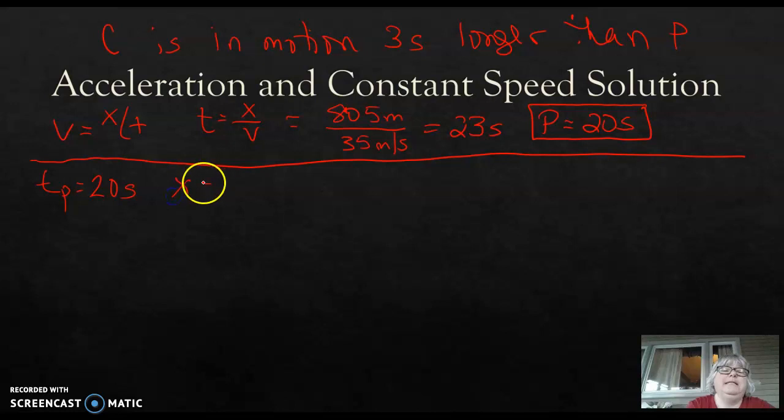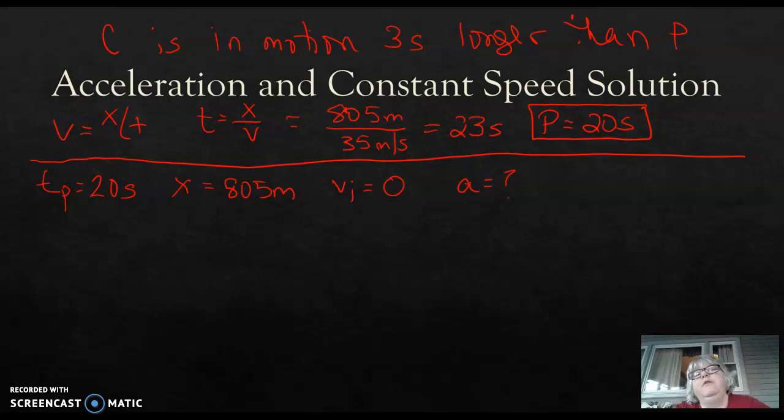I know it went a distance of 805 meters, and I know it started from rest. From this information, and using my kinematics equations, I can figure out what its acceleration was. So the big question is, which kinematics equation do I want to use? We have 3 of them.